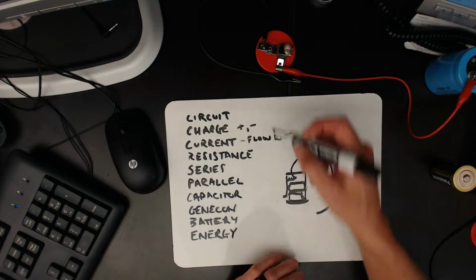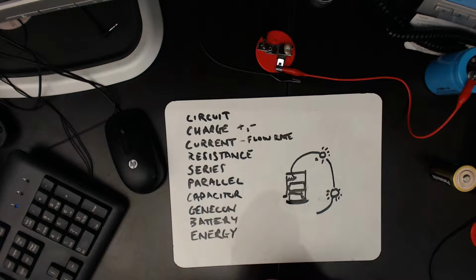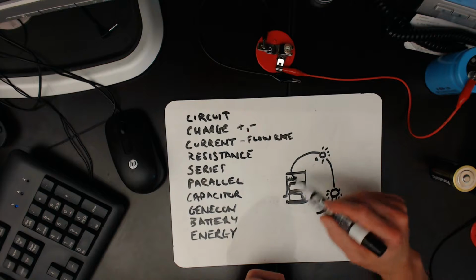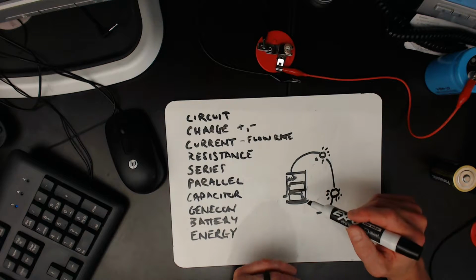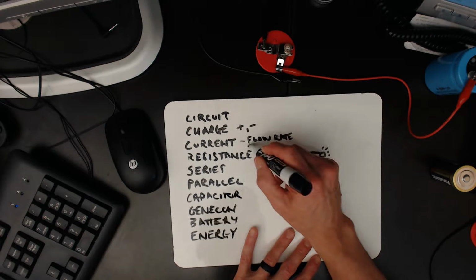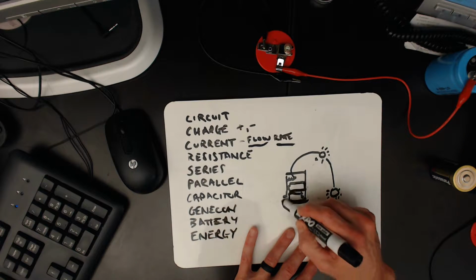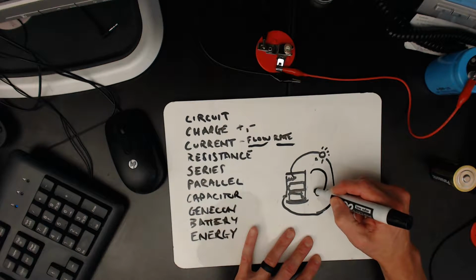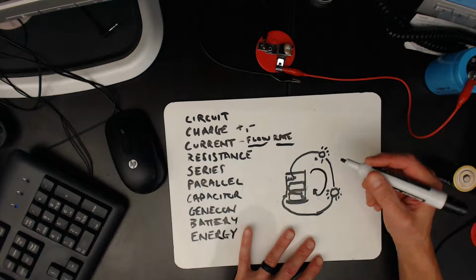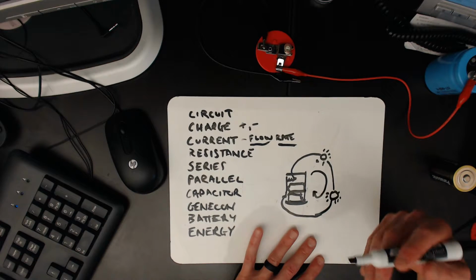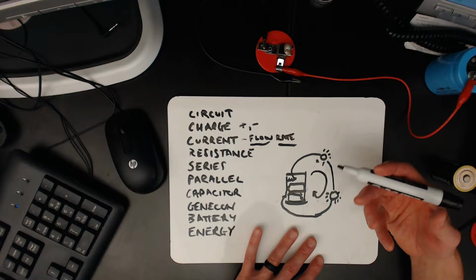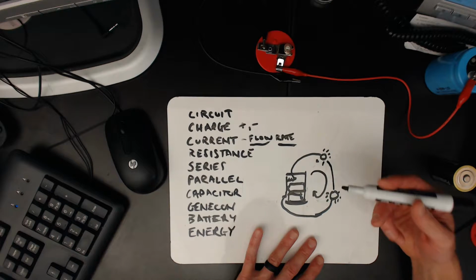And charge is that stuff that's moving, all right? Charge is what's moving through. That's not called current. Current is the flow rate. So current is telling us how much charge is moving through the circuit in a given amount of time. So how much charge is flowing through in a given time period is the current.